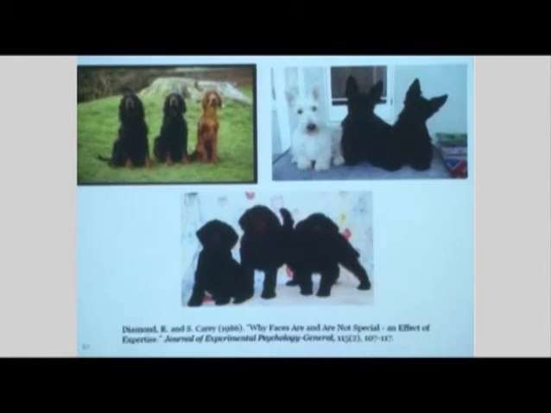Now this study looked at whether dog breeders could identify or distinguish between their dogs when their dogs are upside down as compared to the right way up. Just in case you're worried, I think they did it with photographs and not with the dogs.